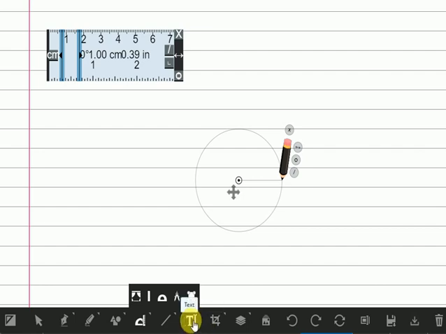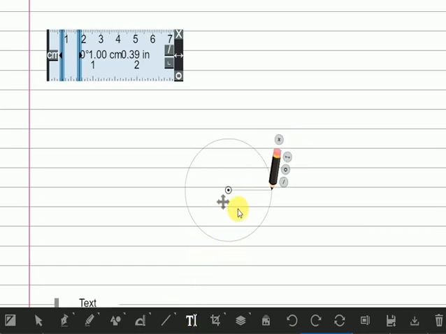Now we'll mark a point C on this paper, and this point is supposed to be the center of the circle. Yes, exactly. Very much related to the center of curvature.